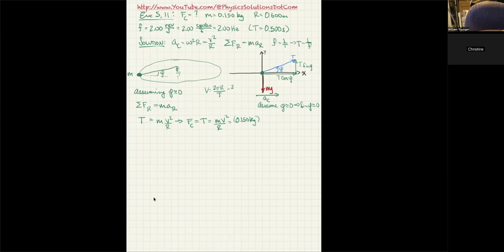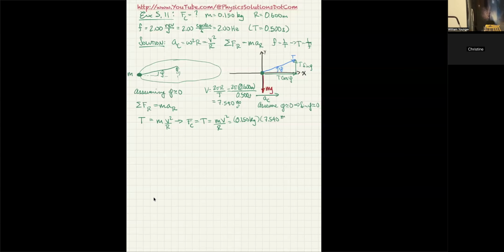So this is going to be 2 times pi times the radius, which is 0.600 meters, divided by the period, which is 0.500 seconds, and that gives me the velocity is 2 times 3.14159 times 0.6, and then I'm going to divide by 0.5, and that gives me a velocity of 7.540 meters per second.